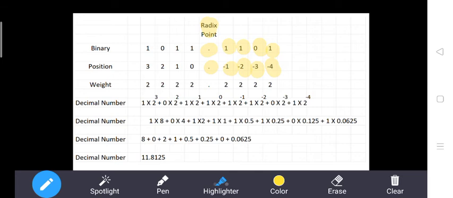On the left hand side of the radix point, the position starts from 0, 1, 2, 3. This is the most important point.